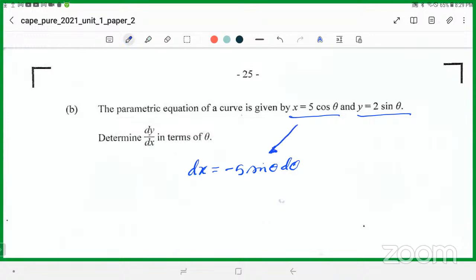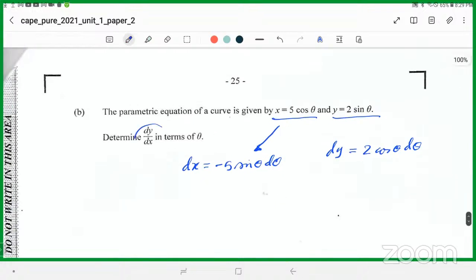Then when I differentiate this one, you will get dy. If I differentiate y, when I differentiate sine, I get cos, so dy equals 2 cos theta d theta. And you're trying to find dy by dx.